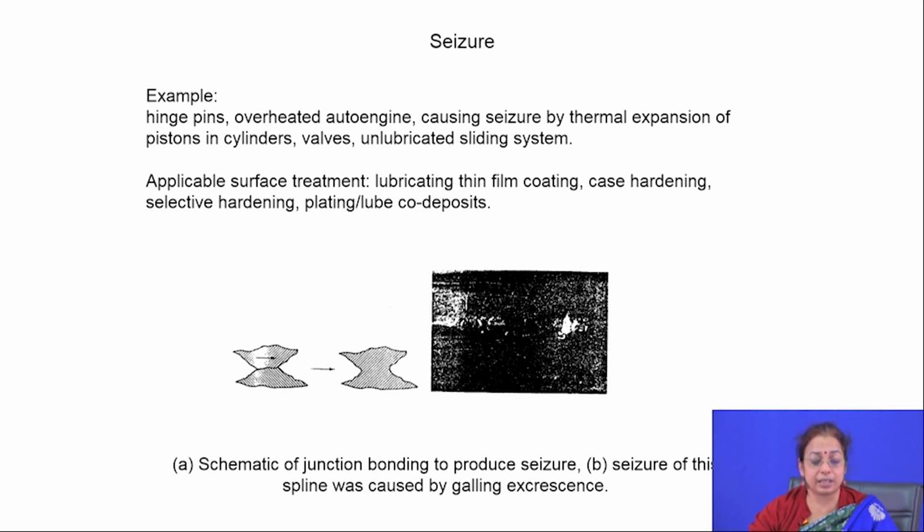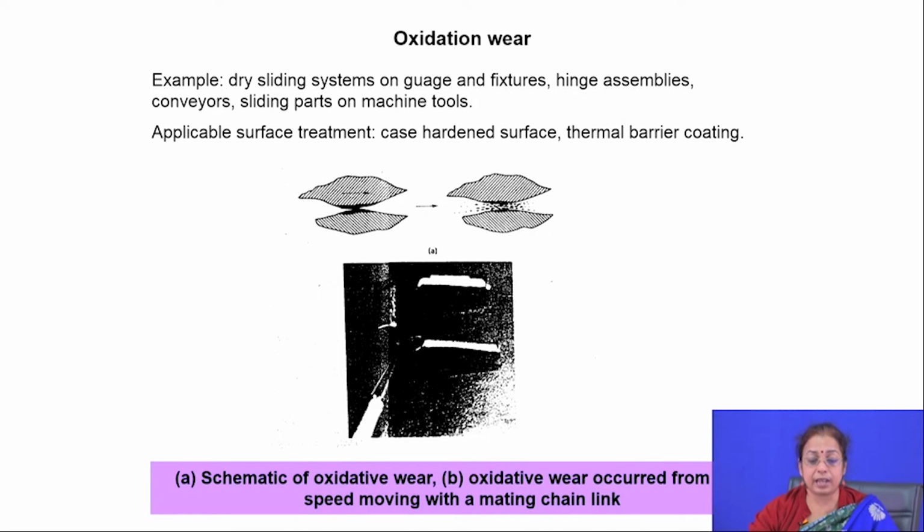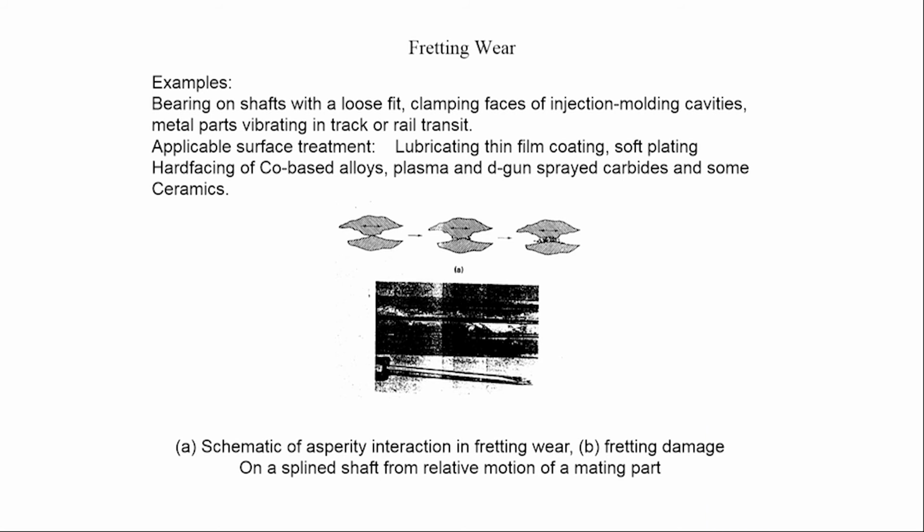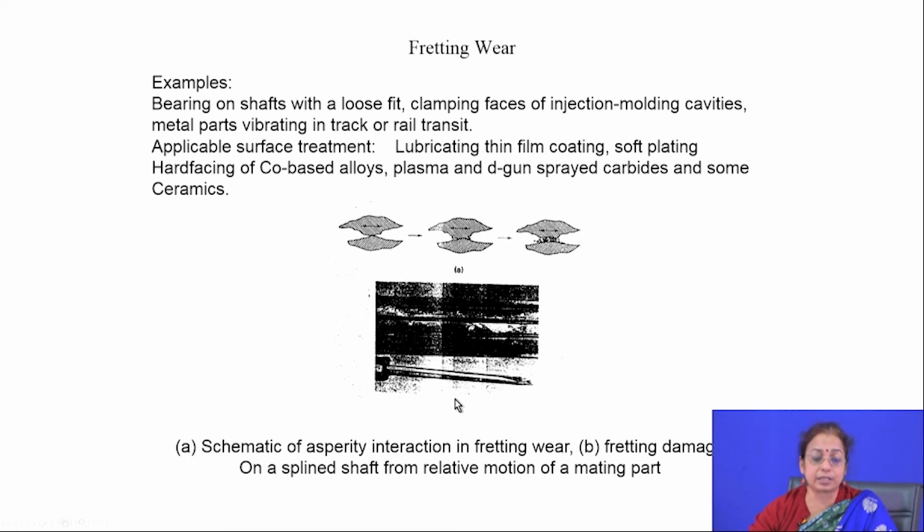Initially there is adhesive bonding formation, and after the adhesive bonding forms, because of the sliding motion, a large amount of force is applied at the interface, and there is removal of material from the softer of the combination. The material removed because of the hardness differences creates a lot of roughness on the surface, and subsequently the wear rate increases.